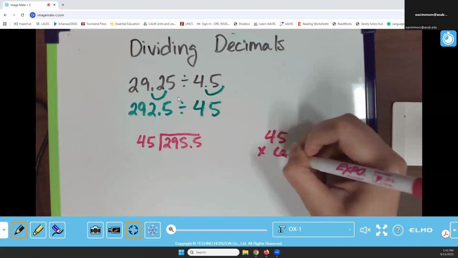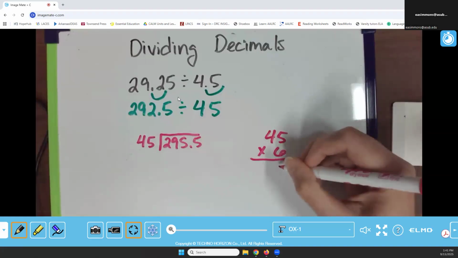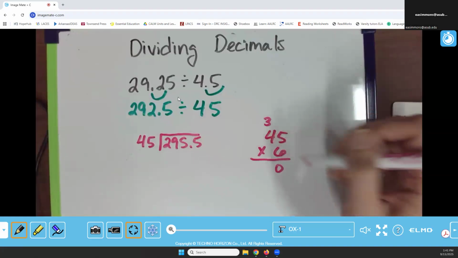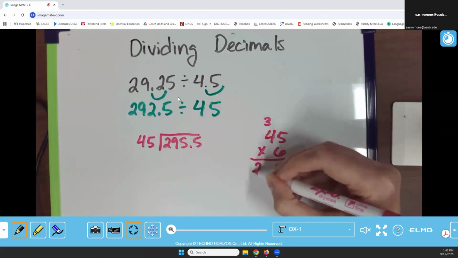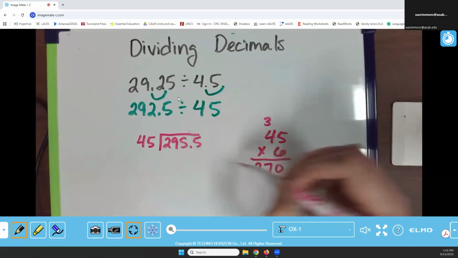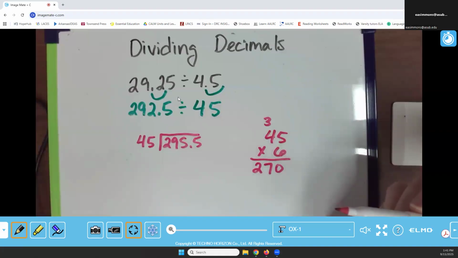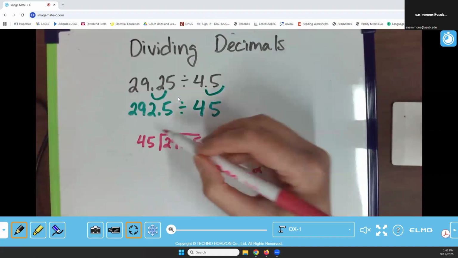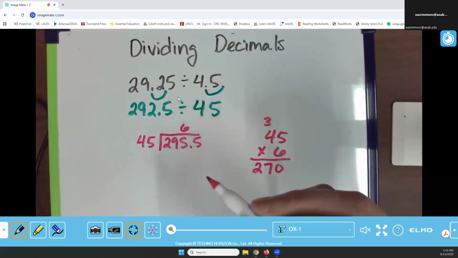I'm going to see how close that gets. 6 times 5 is 30, carry my 3. 6 times 4 is 24. Add my 3 to that, and I get 27. And that's pretty close. I don't think I can get another 45 in there. So 45 goes into 292 6 times.